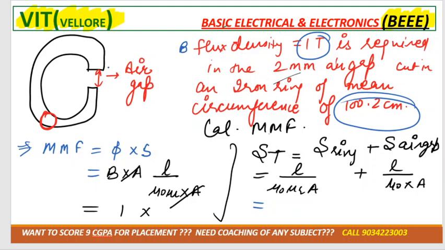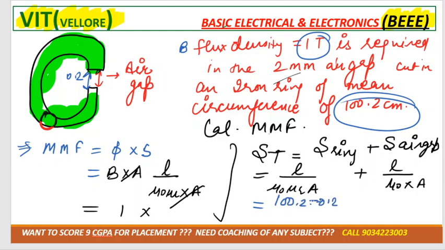They said it's a complete 100.2, and the iron ring is how much? 100 minus 0.2. Now the value is 5 into 10 to the power minus 7.